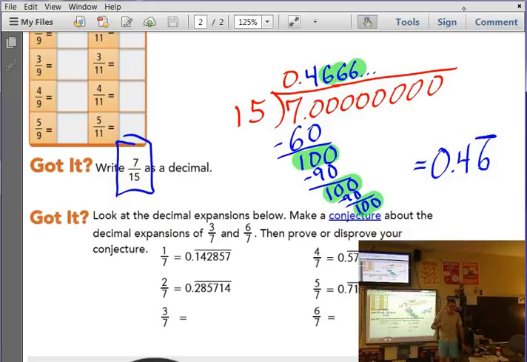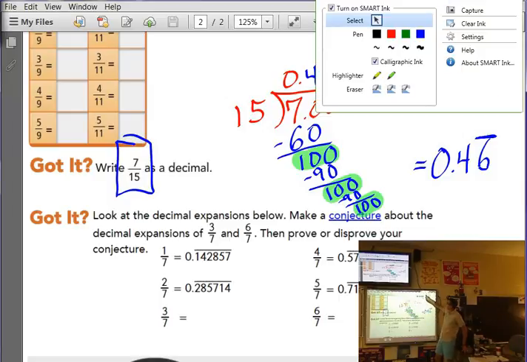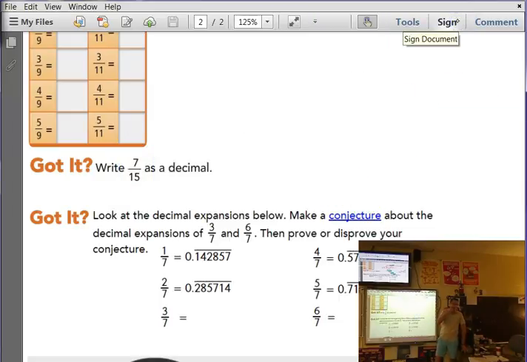So do not fall into the trap. People say, oh, it repeats, that can't be rational. Yeah, it is. Every repeating decimal is a rational number because it can be written as a fraction. Justin? Yeah, it can. Not as a decimal, but it can be written as a fraction.